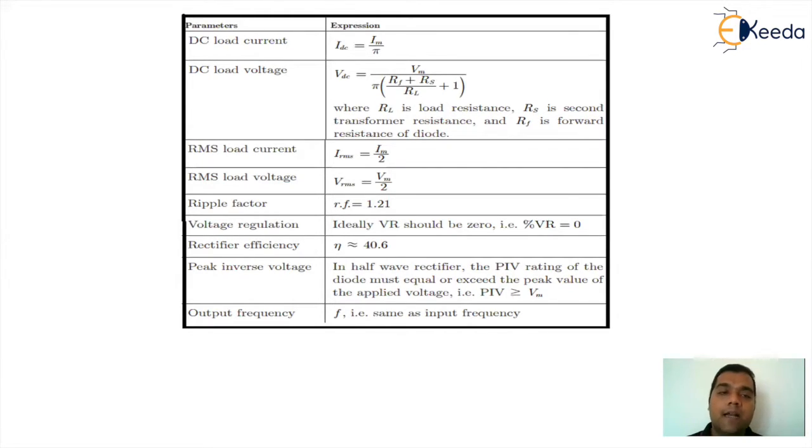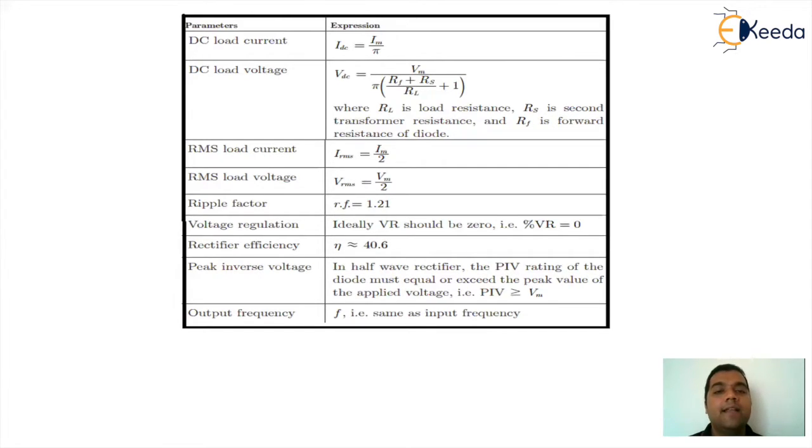Now, the RMS value of load current will come as Im by 2, and the RMS value of load voltage will come as Vm by 2. This is a very important parameter because normally as a student, I have something in my mind that RMS is always peak by root 2. But that happens when you have both the cycles.